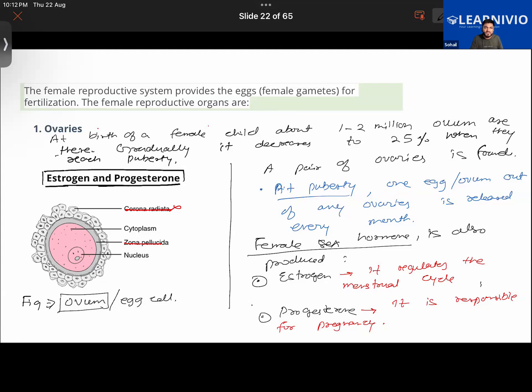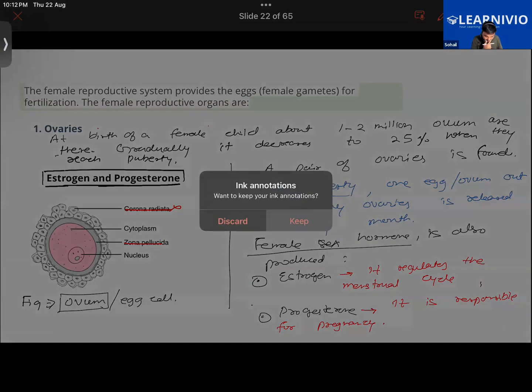Just like testosterone will be bringing about puberty in the male child, these hormones will be bringing about puberty in the female child. All the physical and psychological changes that take place in the female body, like growth of muscle mass, growth of hair in the pubic region and the armpits, widening of the waist, growth of breast, all those changes will be brought upon by these hormones.